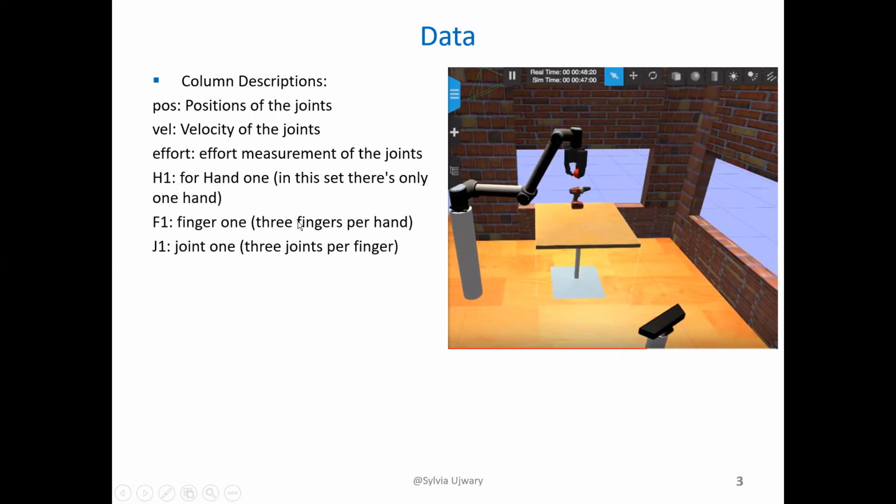But this hand has 3 fingers, and it also has 3 joints it can use. So from this, we get 3 times 3 times 3 variables. So that's 18 total numbers we can look at each time point. And how the experiment works is there's a total of 30 time points potentially for each experiment. Sometimes it's cut short for whatever reason.